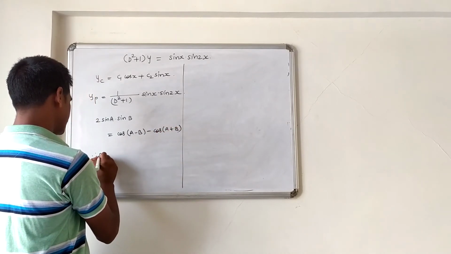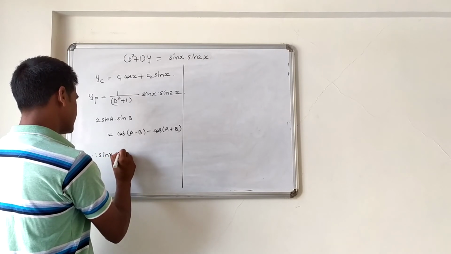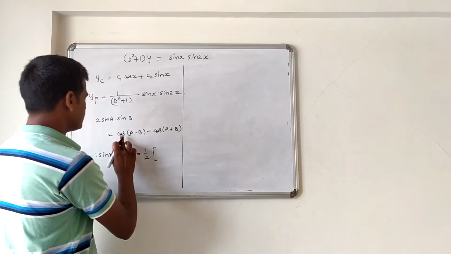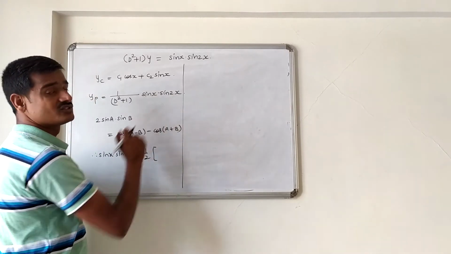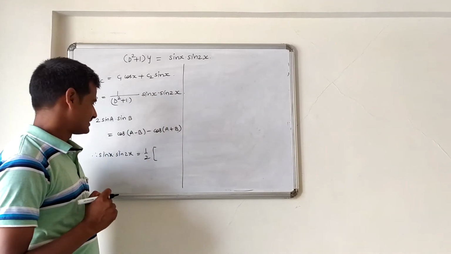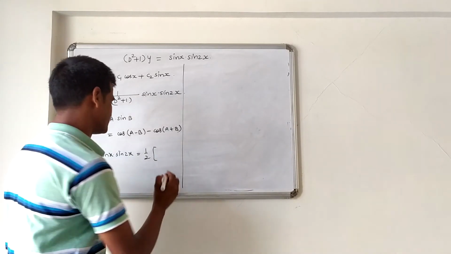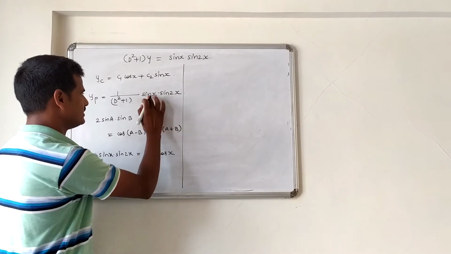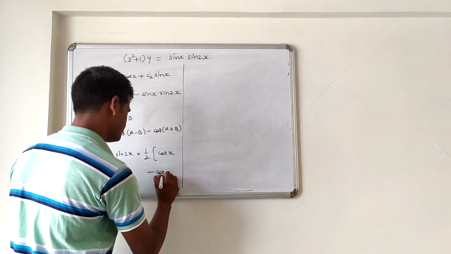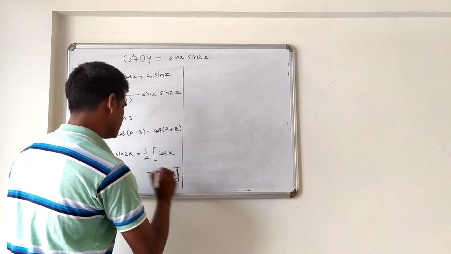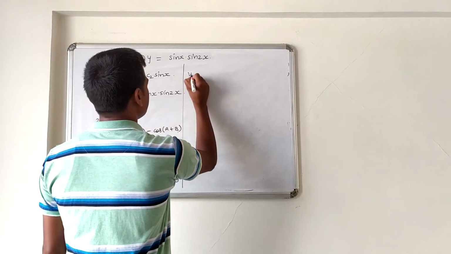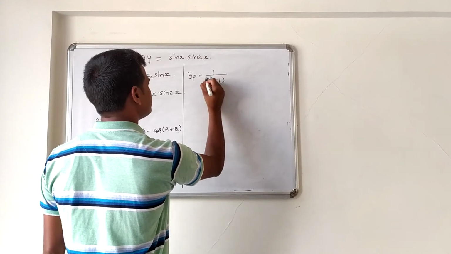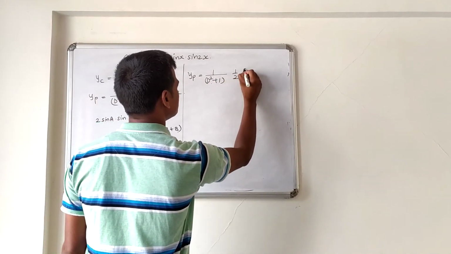So therefore sin x into sin 2x can be written as 1 by 2. Now what is a minus b? So x minus 2x. So it is minus x, but the cosine function is an even function. So cos of minus x is the same thing as cos x, minus a plus b, so x plus 2x, that is cos of 3x.